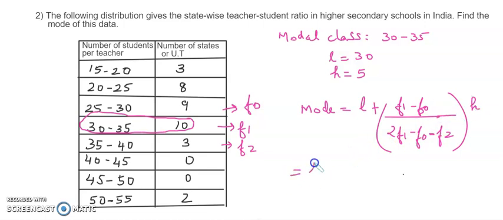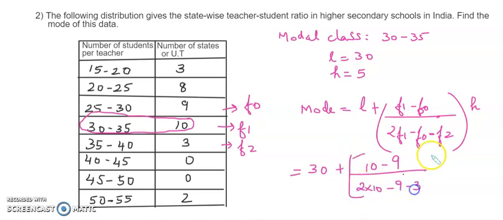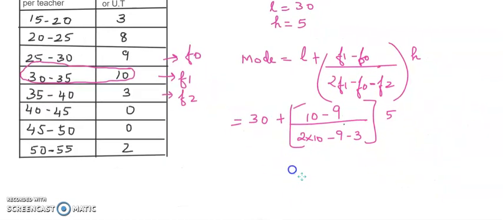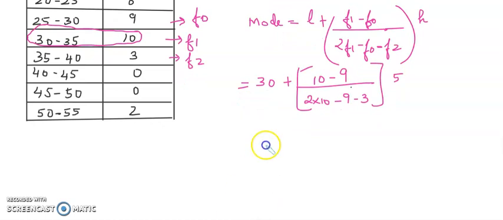So mode is equal to L plus (F1 minus F0) divided by (2F1 minus F0 minus F2), multiplied by H. Let's put it in. L is 30 plus (10 minus 9) divided by (2 times 10 minus 9 minus 3), multiplied by 5. Clear? So that will be equal to 30 plus 1 divided by 20 minus 12. Why minus 12?